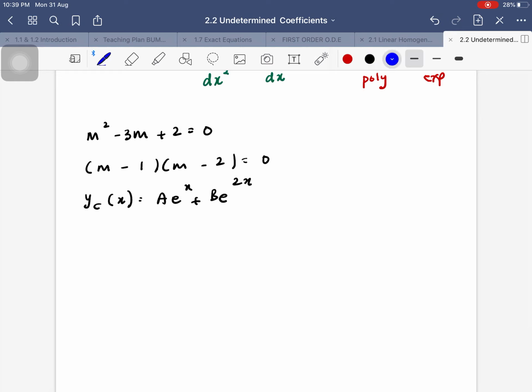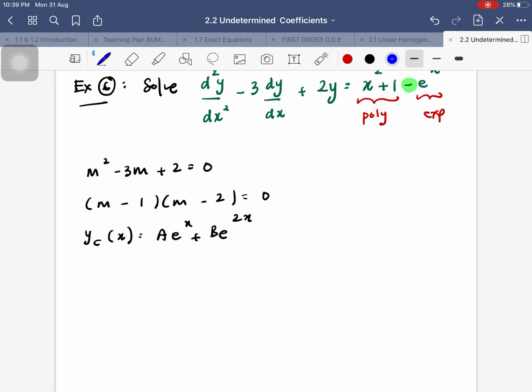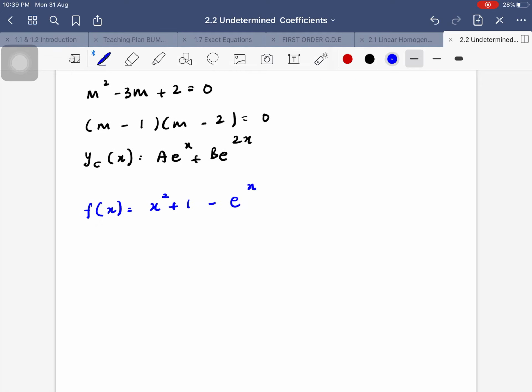Now that I already have my yc, I'm going to find what is going to be my yp. For this case, my function f of x is given by x squared plus 1 minus exponential of x. So now I'm going to consider them separately. For the polynomial right here, my family of derivatives will be given by x squared, x, and also 1.